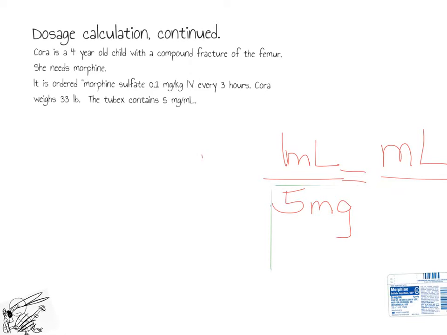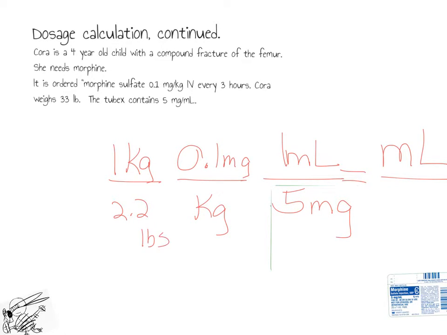So let's go ahead and put our 0.1 milligram per kilogram here. And kilograms isn't our answer either, and we have to do conversion, so we might as well do 1 kilogram equals 2.2 pounds. Now we have to get rid of pounds, and Cora weighs 33 pounds.